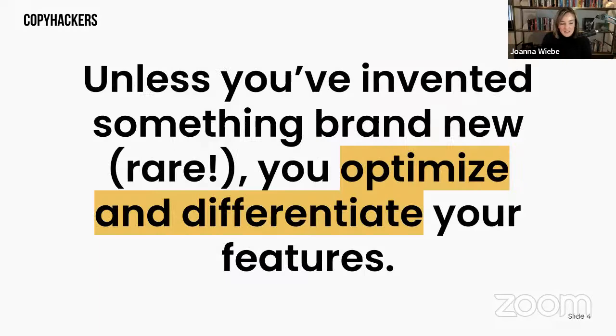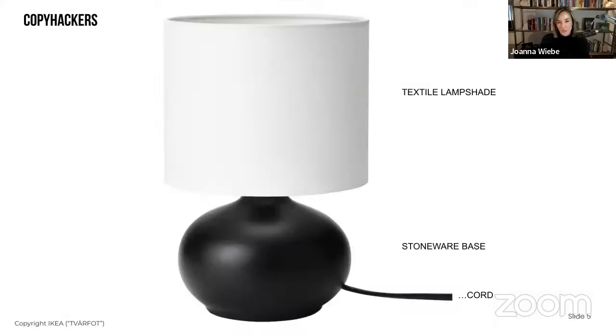What do we do? Unless you've invented something that's brand new, which is beyond rare, you're going to optimize and differentiate your features so that your lampshade now becomes a textile lampshade, actual copy from the IKEA site for this lamp, which I cannot pronounce, which is shown in the bottom corner of the screen. There's going to be a base, right?